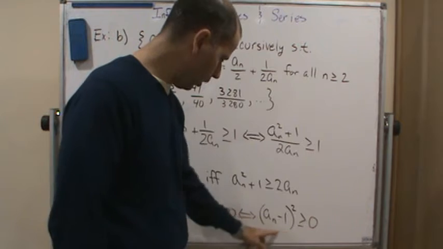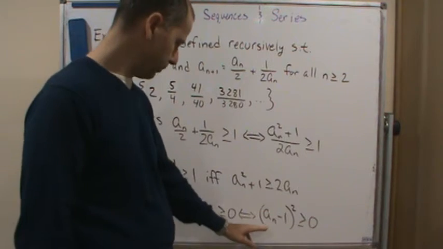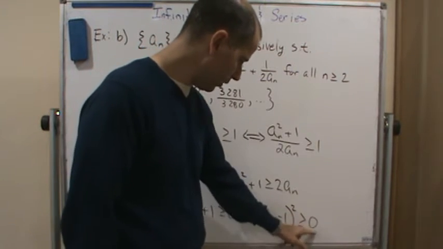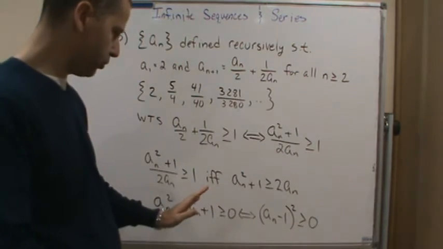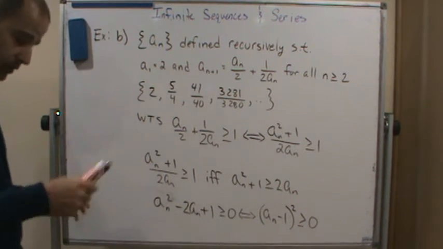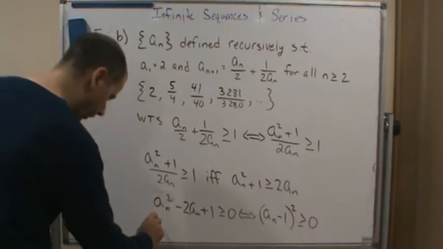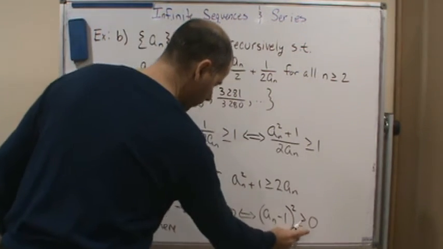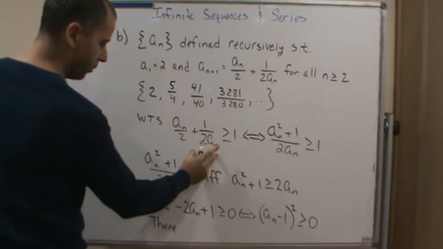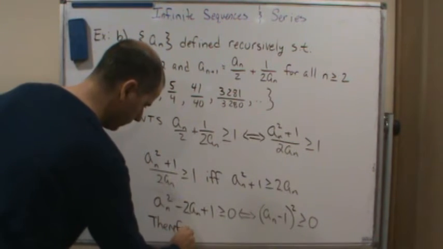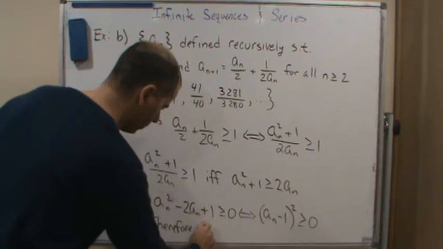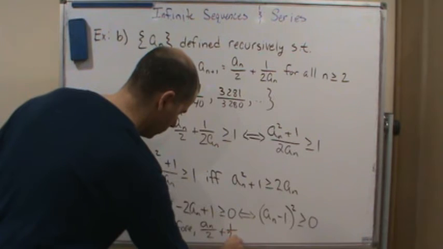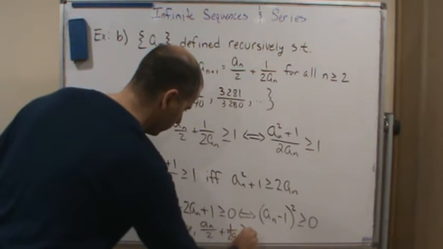We know this is true for all real numbers, even though we're not talking about all real numbers. But for any real number, its square is greater than or equal to 0. So this is automatically true for all n, which gives us our conclusion. So therefore, since we just showed that this is always true, that means we just showed that a sub n over 2 plus 1 over 2 a sub n is greater than or equal to 1.